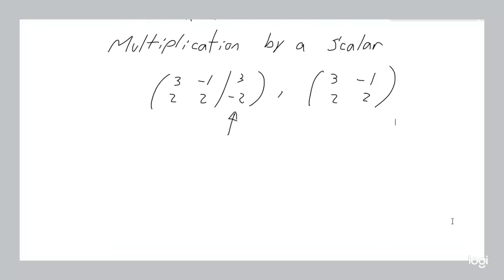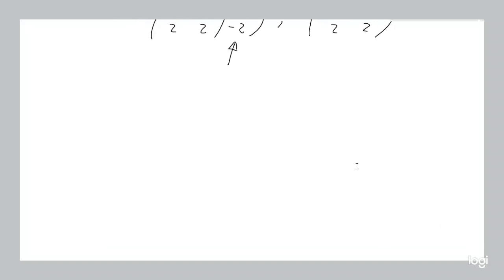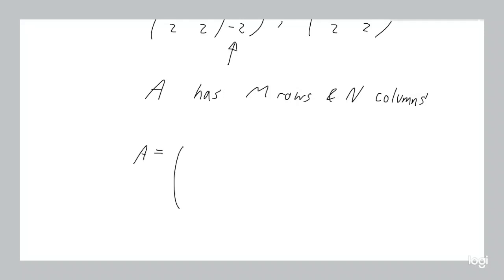First thing we're going to do is come up with labels for the entries in a matrix. Okay, so let's say you have matrix A and it has m rows and n columns. Okay, so there's matrix A, right?